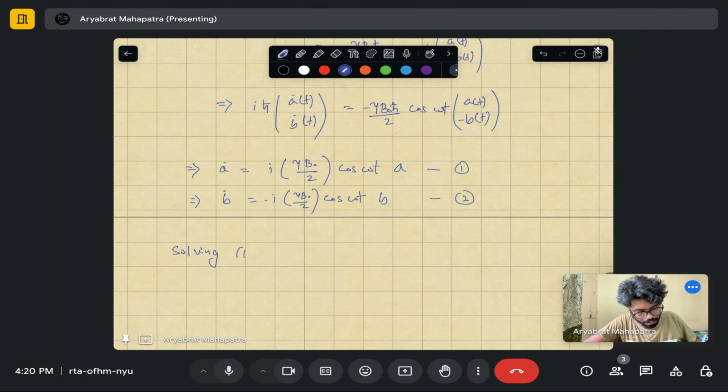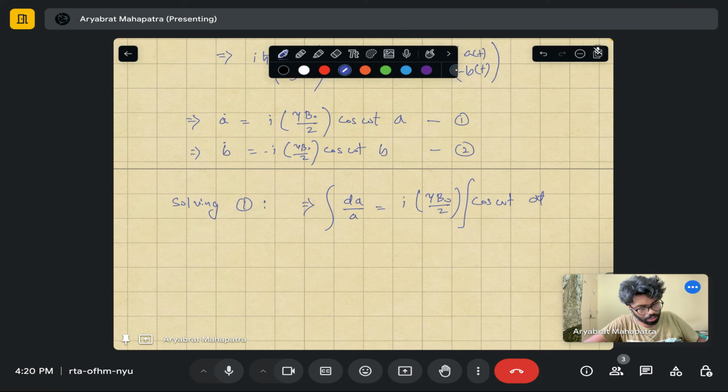If you solve the first one, it can be done like this: integrate i gamma b naught by 2 cos omega t dt.